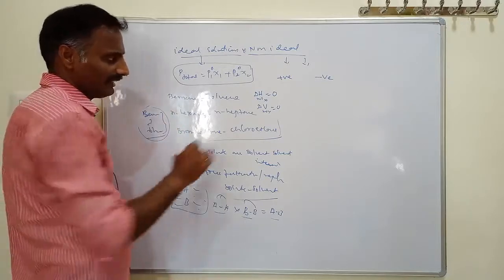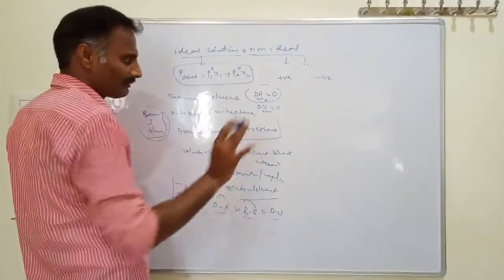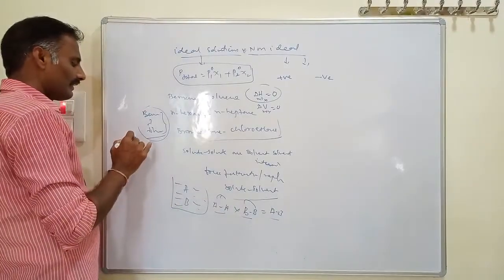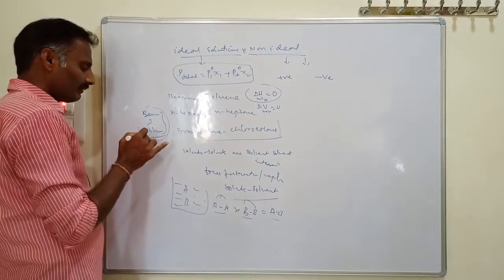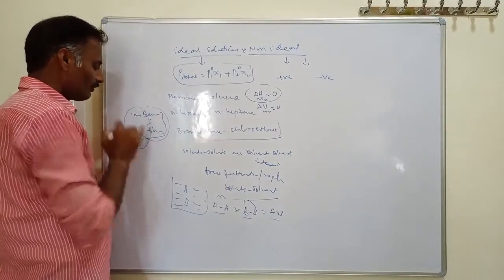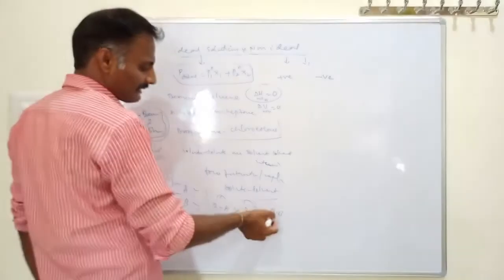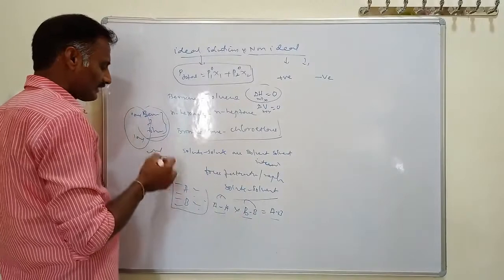Enthalpy means heat of solution, which remains the same. And by taking 10 ml of toluene and 10 ml of benzene, the total volume you will get is 20 ml, because AB interactions are the same as BB and AA interactions.